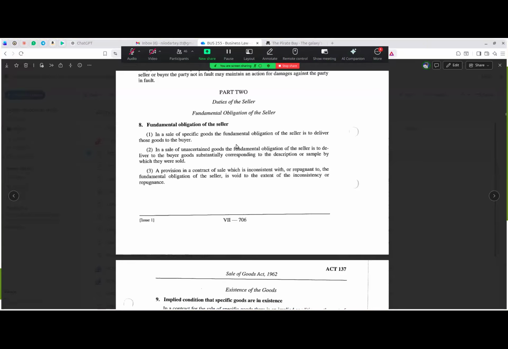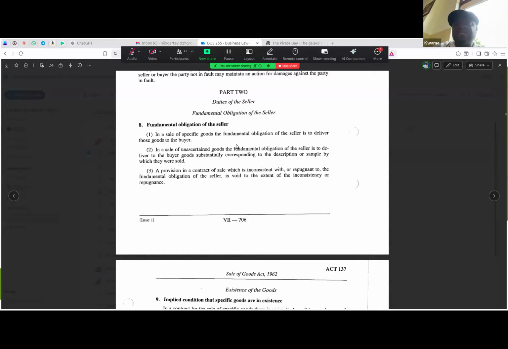I was saying that if you look at section 8, subsection 2, it talks about unascertained goods, and I've already explained to you what unascertained goods are. They are goods that you will deliver maybe in the future or another day. The goods cannot be identified. You cannot agree upon those goods.